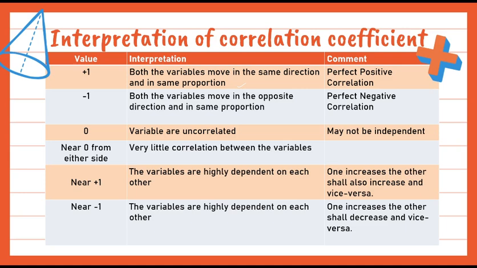So here yield and fertilizer are not independent. There is a relationship, but there is no linear relationship. So uncorrelated does not mean that they are independent of each other. That is the difference.